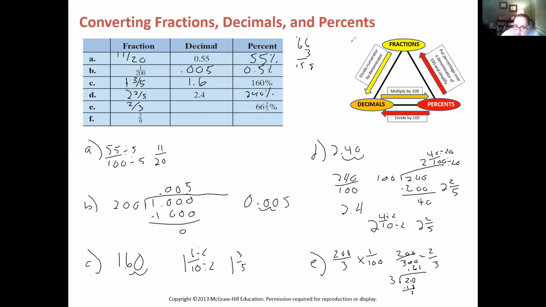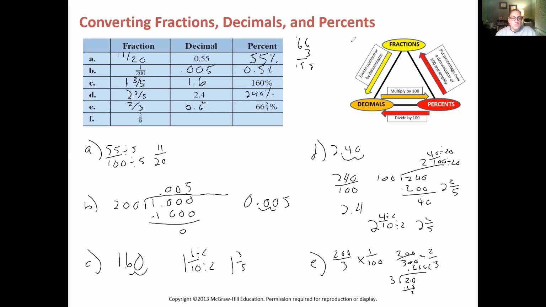So that's going to be 0.666 repeating. So the decimal is going to be 0.6 repeating.